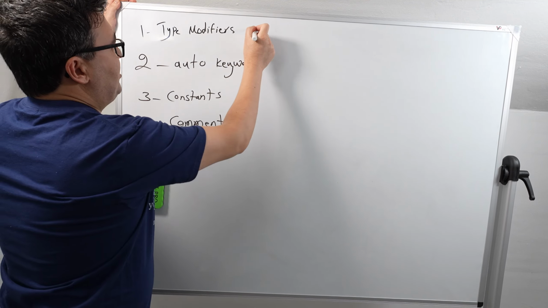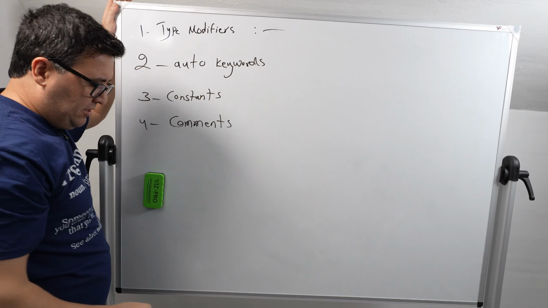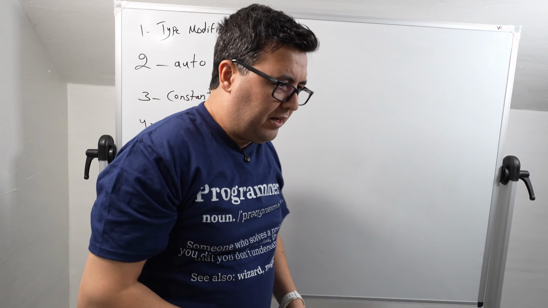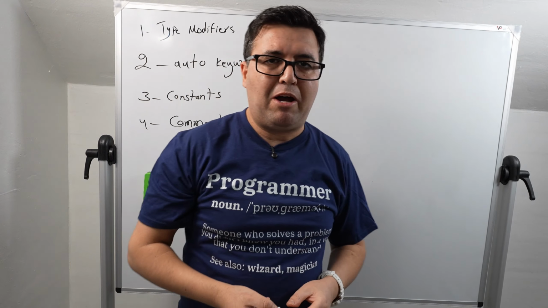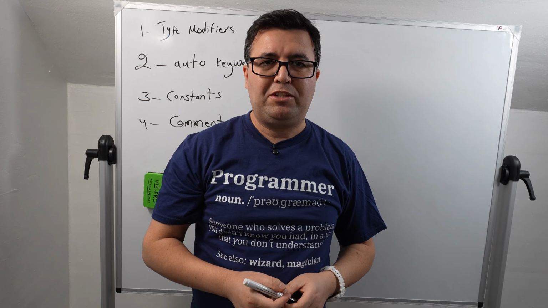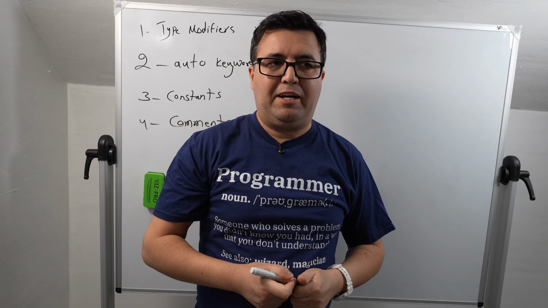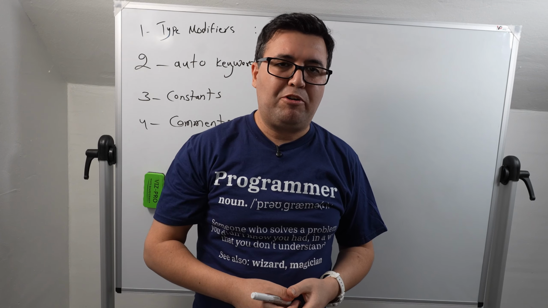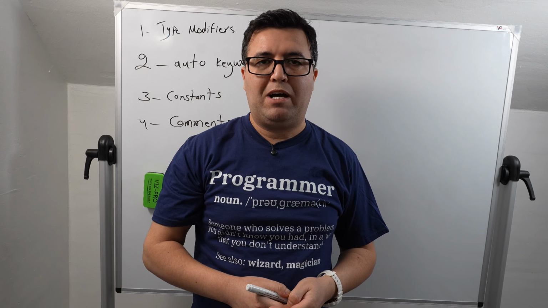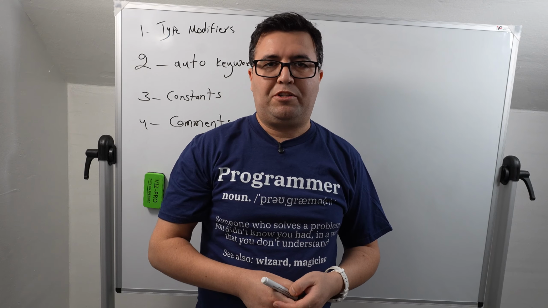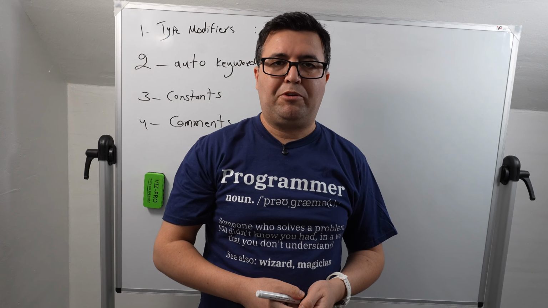So let's start with type modifiers in C++. In the previous lecture, we studied variables and data types in C++, and I explained that variables are used to hold values or data, or store information in the computer's memory.